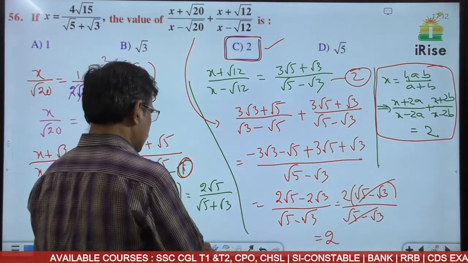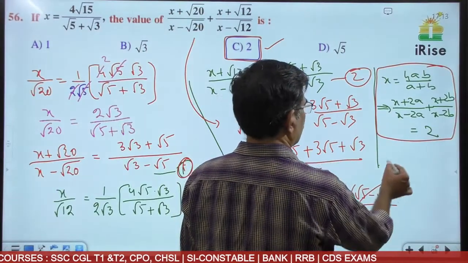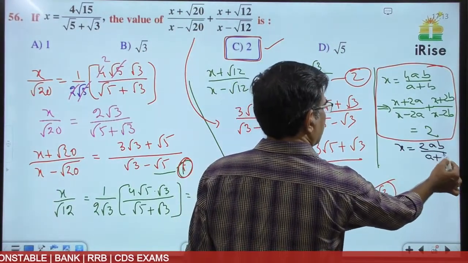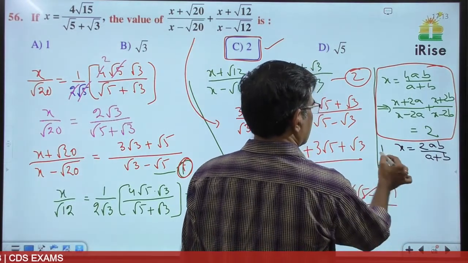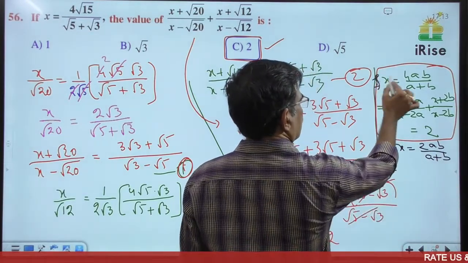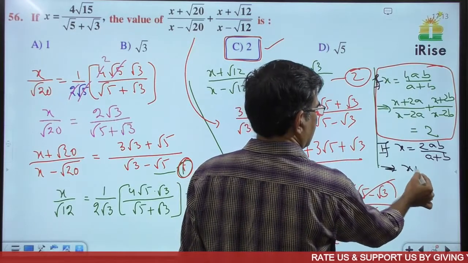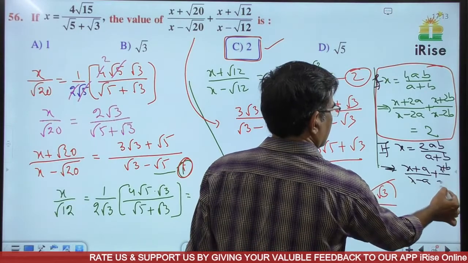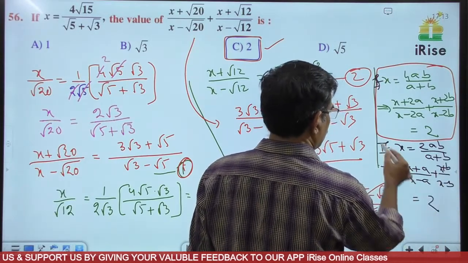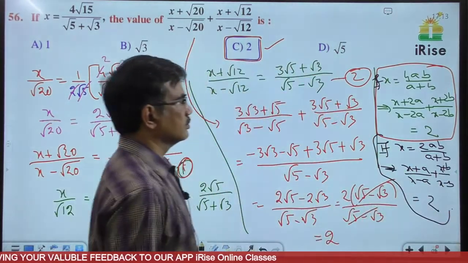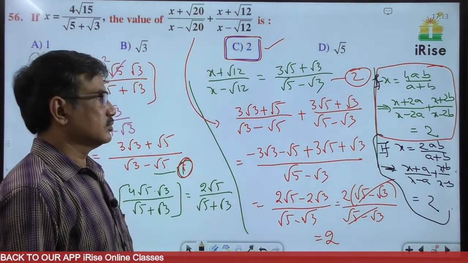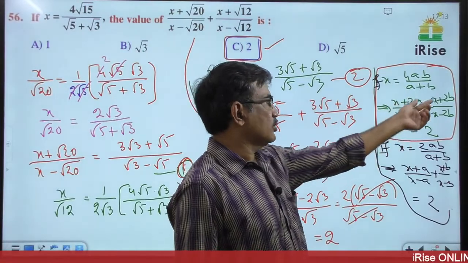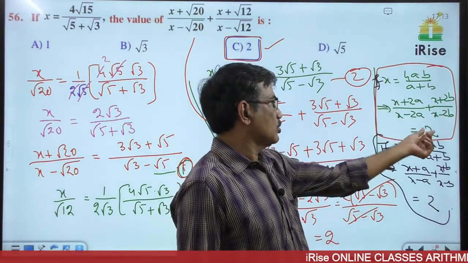Similarly, I want to write one more formula also. If x is equal to 2ab by a plus b, given, then x plus a by x minus a plus x plus b by x minus b is also equal to 2, same. So, if x is equal to 4ab by a plus b, then x plus 2a by x minus 2a plus x plus 2b by x minus 2b is equal to 2.